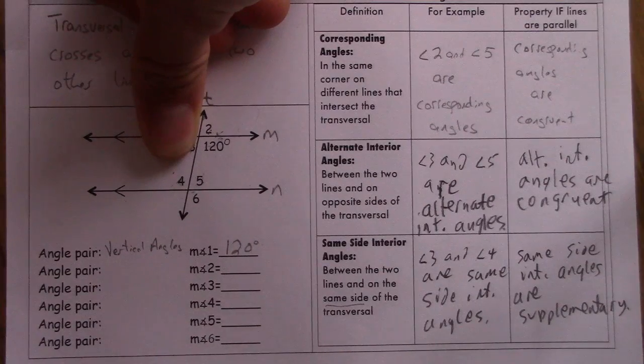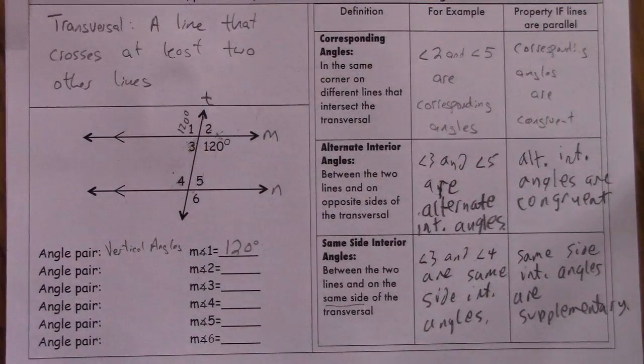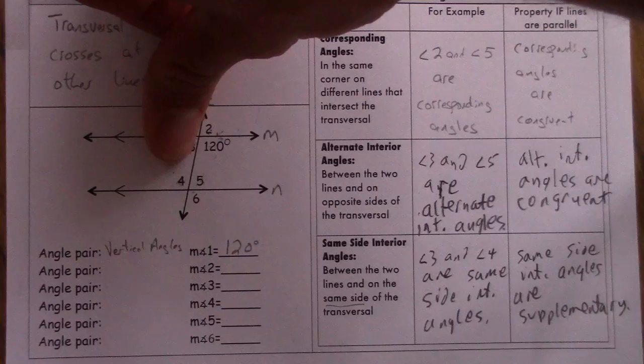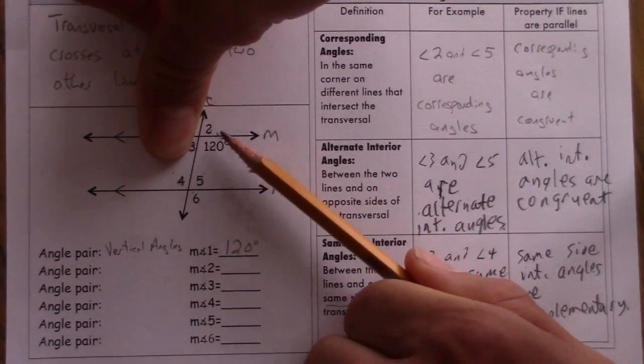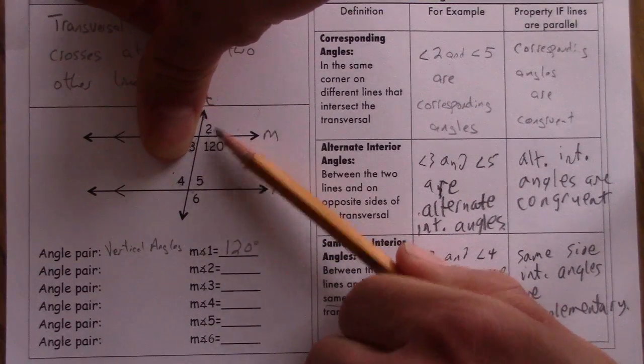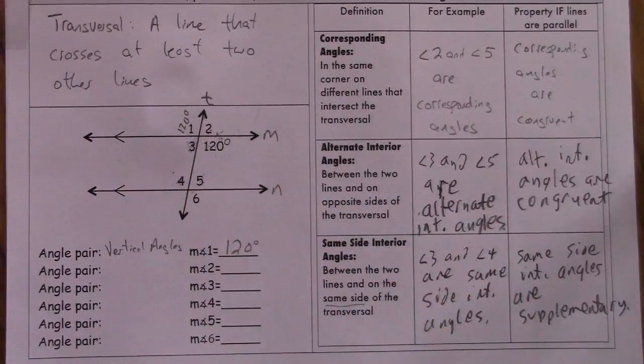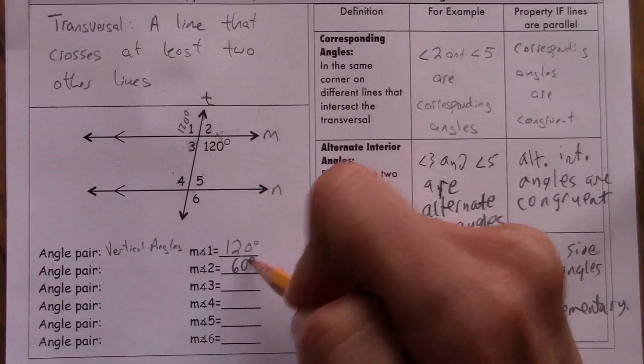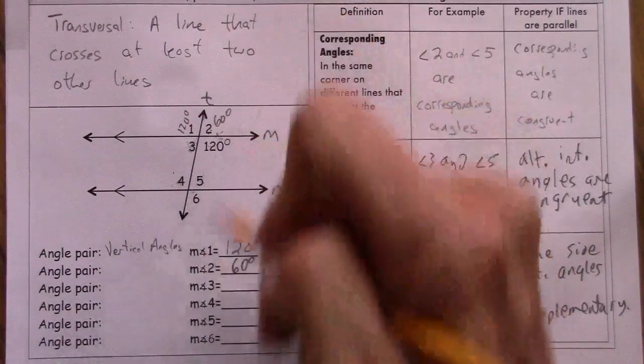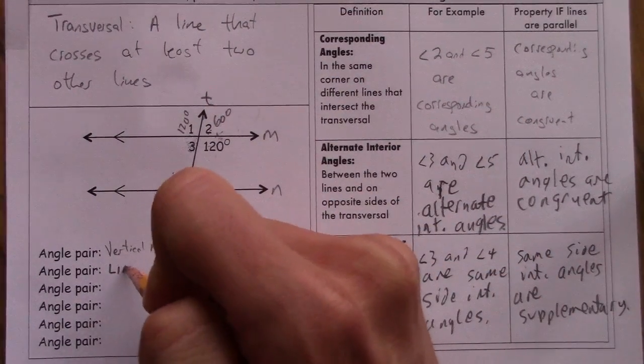There are so many vocab terms for that: linear, supplementary, 180. Linear means it adds up to 180. So 120 plus 60 equals 180, because we want to make a line of 180 degrees. So angle 2 is 60 degrees. And I'll say linear pair here. Yep, linear pair.